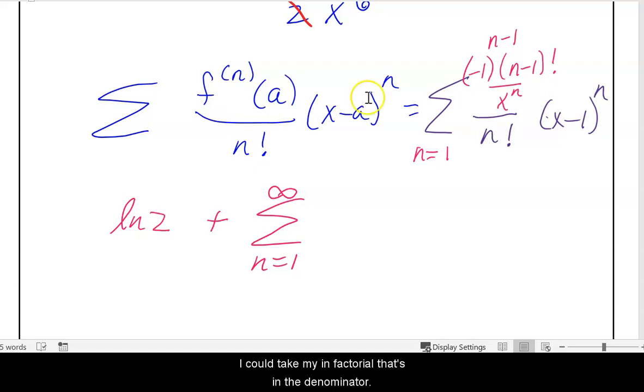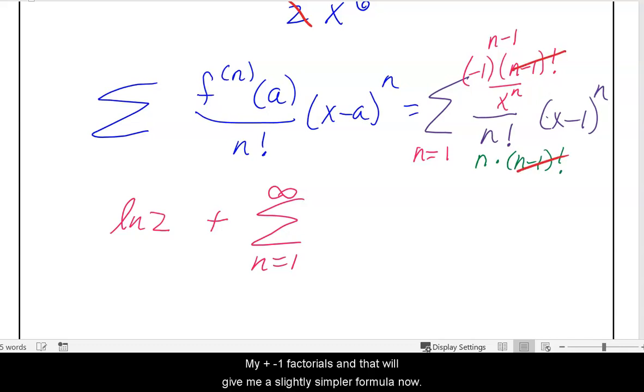I could take my n factorial that's in the denominator up here, that came from this part of the formula, it was not a part of the derivative part. And I could write this instead as n times n minus 1 factorial. And then I could cancel my n minus 1 factorials. And that will give me a slightly simpler formula now.